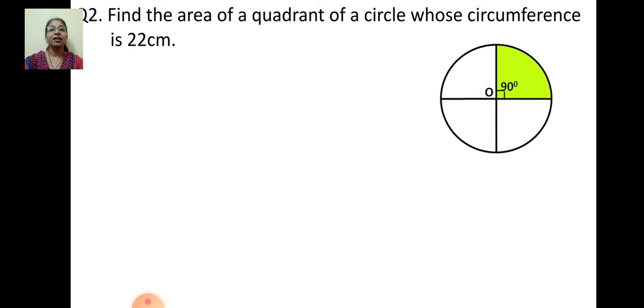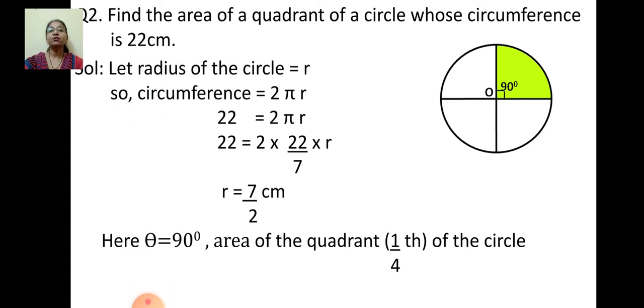But here the radius is not given to you, the circumference is given. So our first job is to find the radius of the circle. Let r be the radius of the circle, and because the circumference is given, we'll apply the formula for circumference of a circle, 2 pi r.